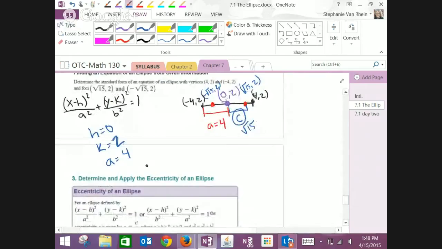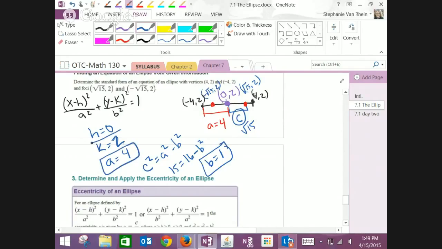So finding b, I use this formula, a squared minus b squared. So I have 15 equals 16 minus b squared. So here b is 1, right? 4 squared a. So I have b is 1, a is 4, k is 2, and h is 0.